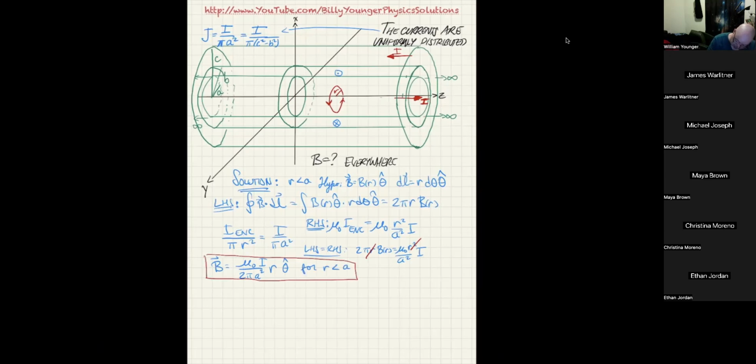Okay, now I do the next part, which is A is less than R is less than B. So my hypothesis and all that stuff's going to be the same, but luckily in this case, the current enclosed by the Amperian loop, does everybody recognize what the current should be once I have the Amperian loop be completely out here?